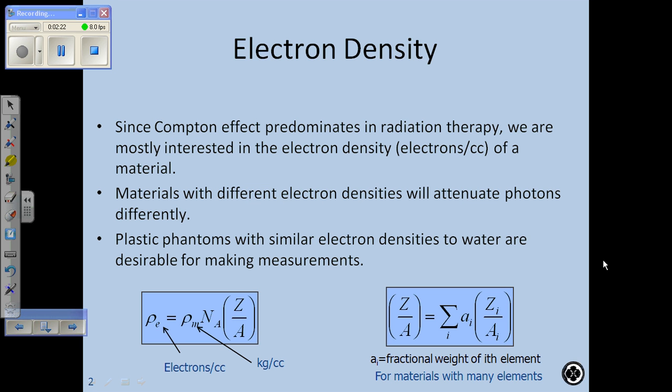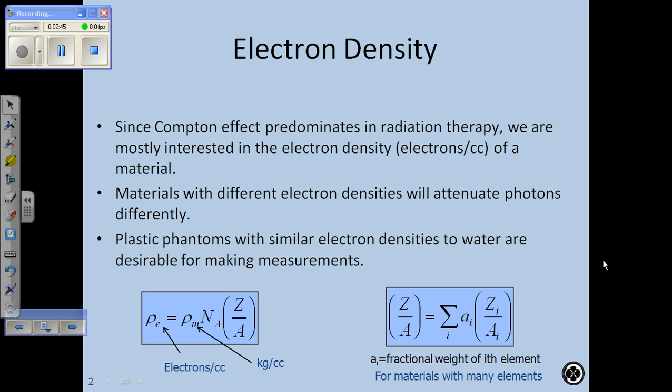Electron density is especially important for Compton interactions because at our high energies, 6 MV to 18 or 20 MV, we're in that Compton region. And we know that all the processes take place at those energies, right?